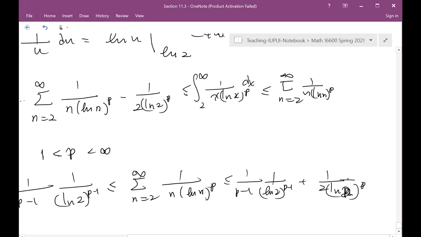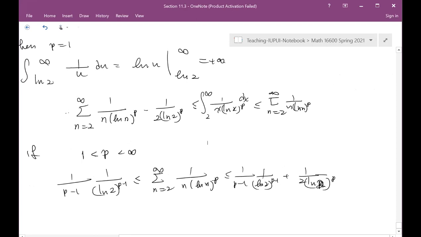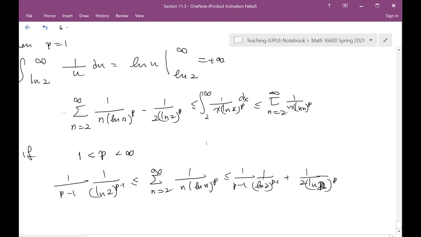So you can even estimate it, because this can be evaluated. It's between these.